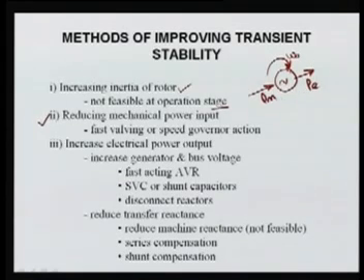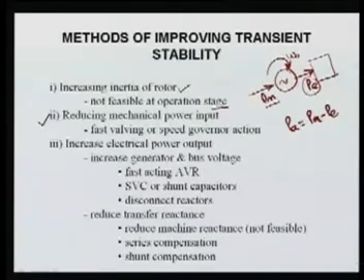If there is a transient disturbance on the electrical side, PE will be reduced due to a fault, tripping of the system, etc. Then the accelerating power, PA, is PM minus PE.